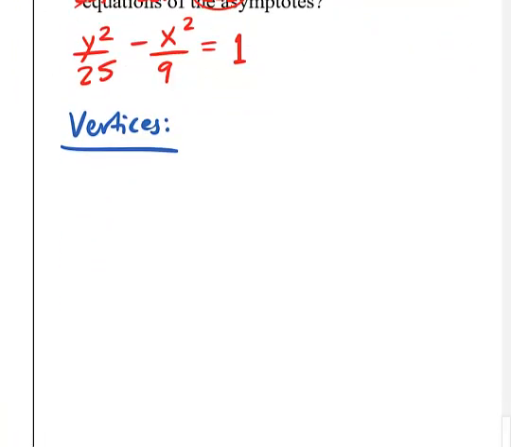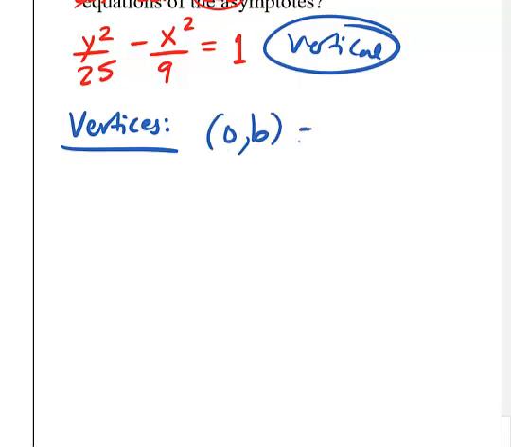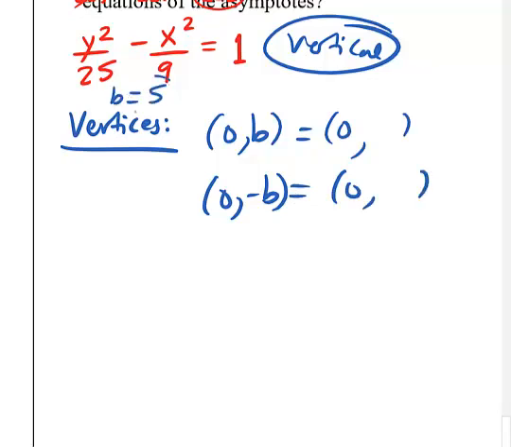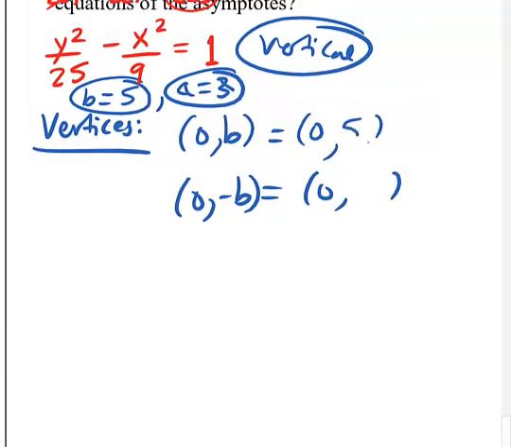But since this is a vertical type, the vertices are supposed to be at 0, b and 0, negative b. b in this case is the square root of the number below y, so 5. a is the square root of the number below x, so 3. So my vertices should be at 0, 5 and 0, negative 5.